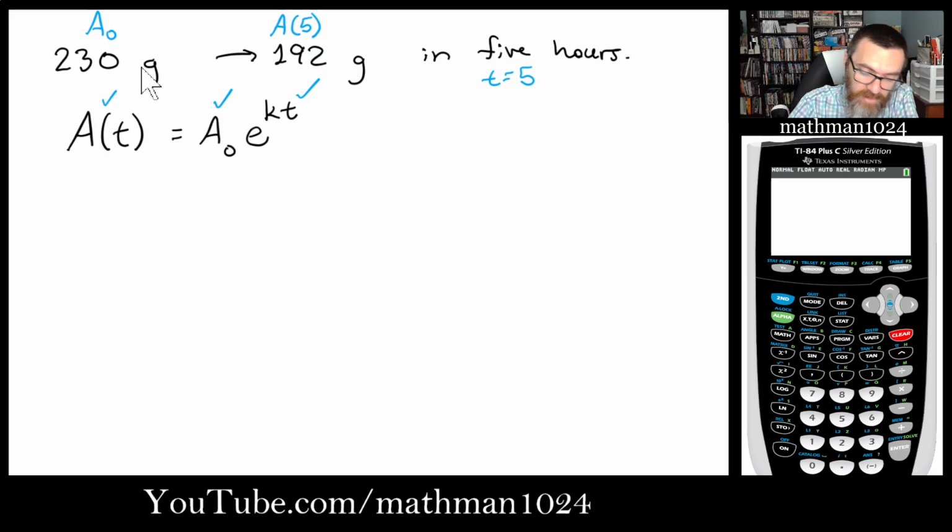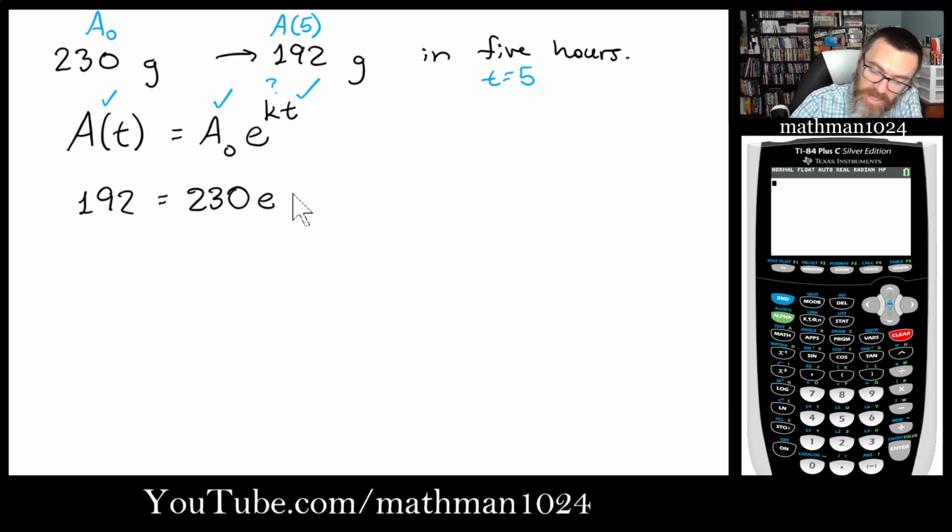So we have A of t. We just don't know k. So we plug in what we know, and we figure it out. So we end up with 192 after starting with 230 grams, e to the k times 5.